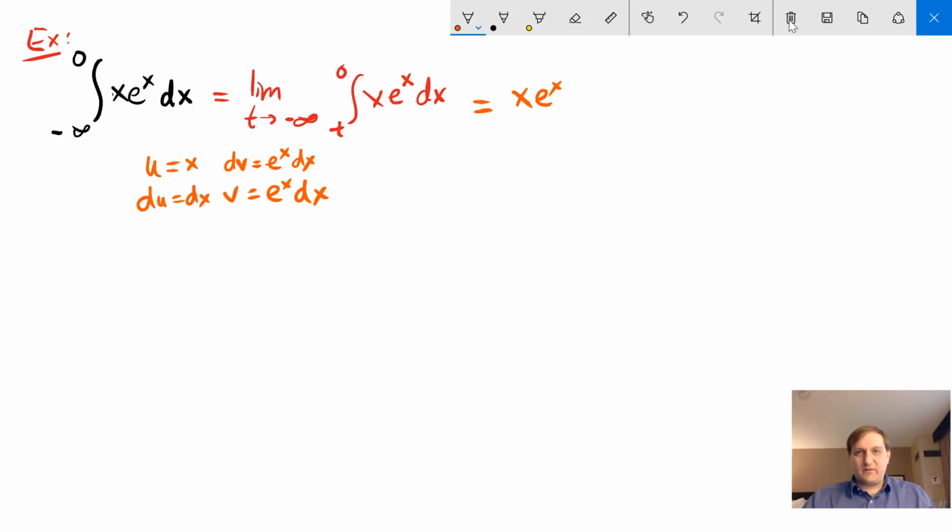Oh, and this is where I'm a bad person, because I forgot to write my limits. Let's be a better person. Limit as t goes to negative infinity of x e to the x evaluated from t to 0, minus the integral from t to 0.